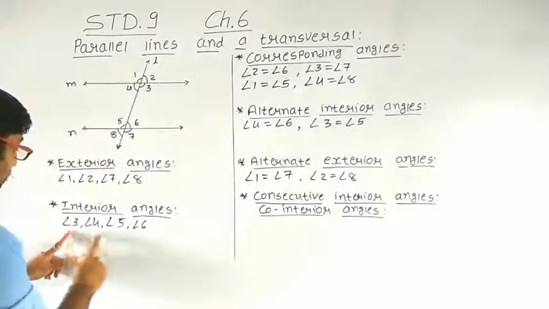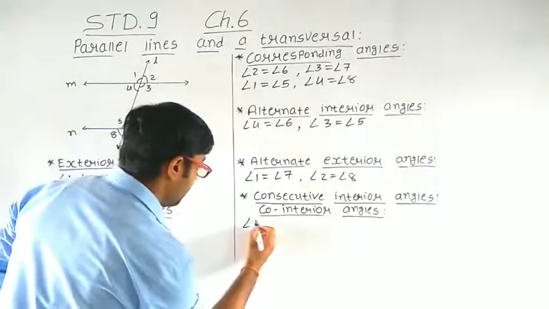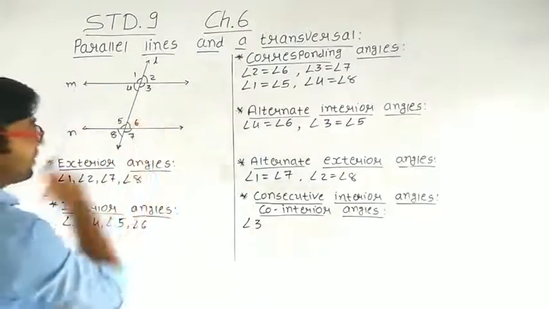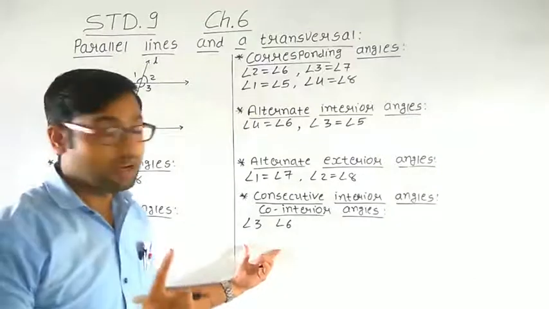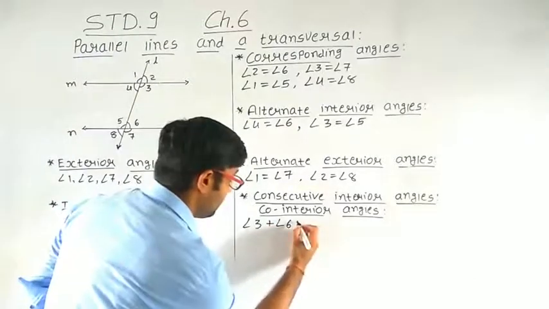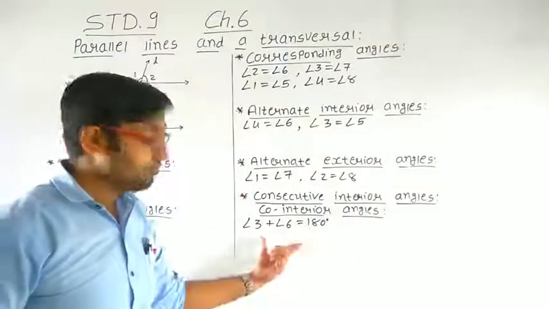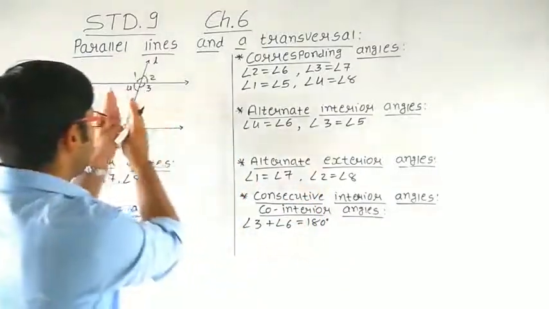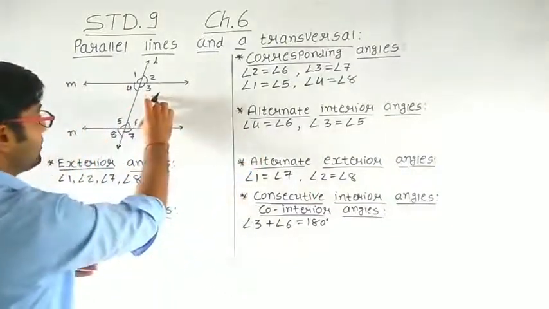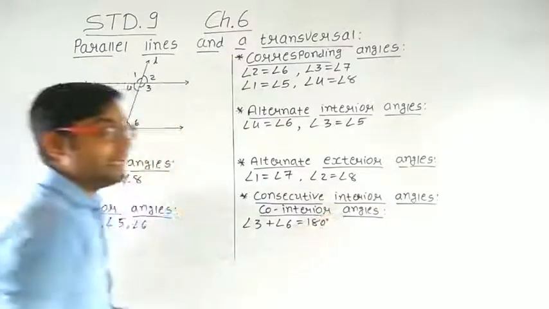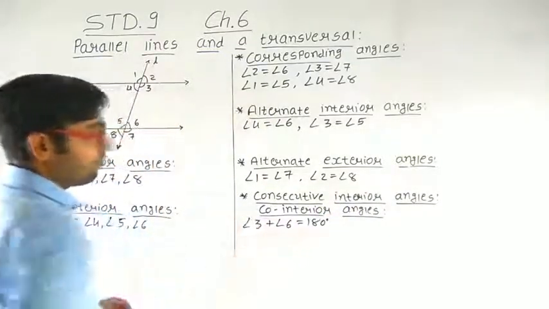Now consider angle number 3 and angle number 6. Here both these angles are not equal, but their addition will be 180 degrees, because they are on the same side of the transversal, and they are interior angles. So the addition of these two angles will be 180 degrees.